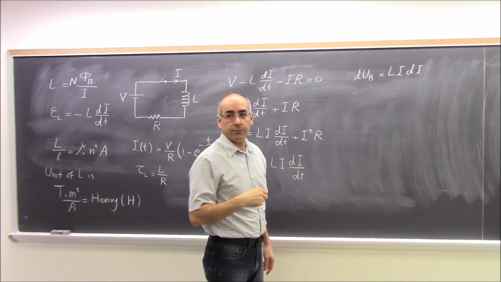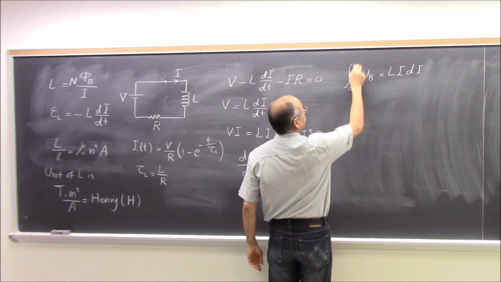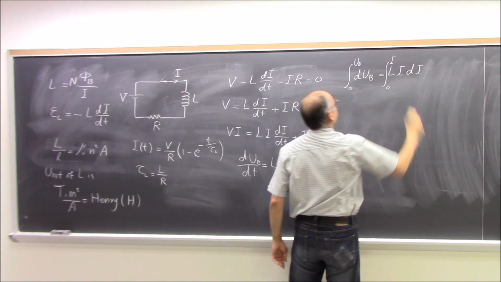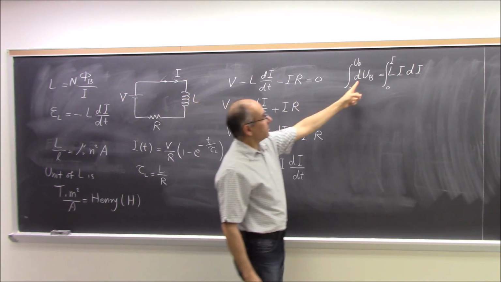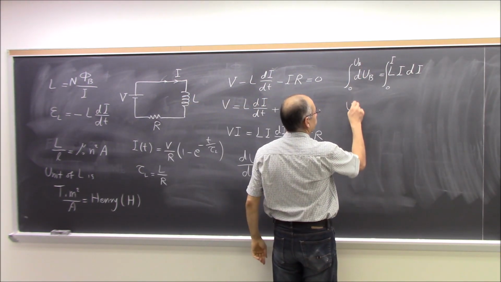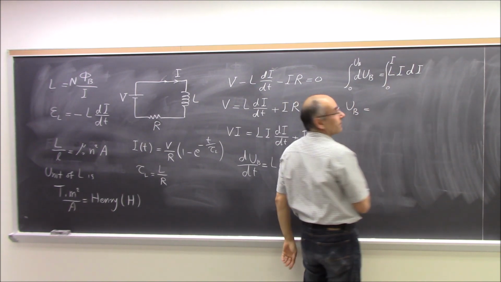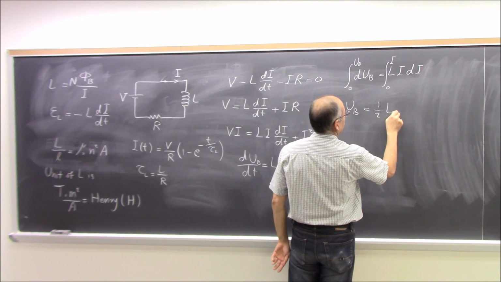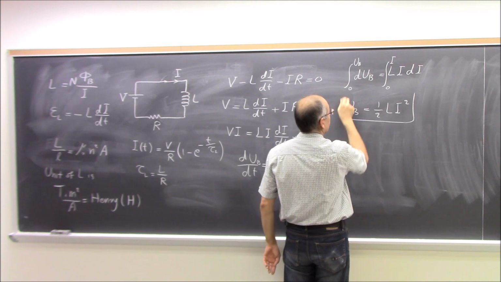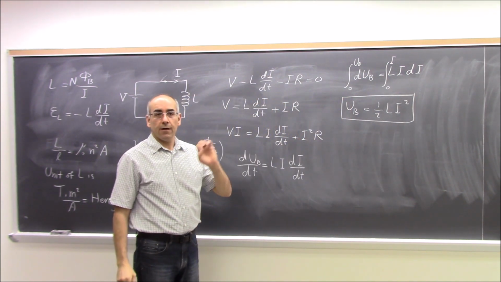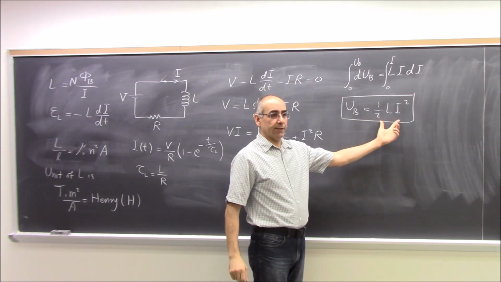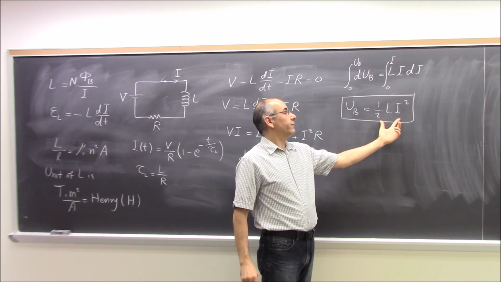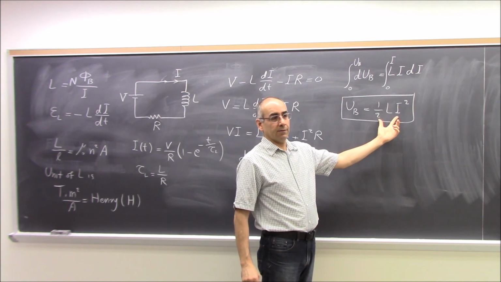And then if you integrate both sides, from 0 to U_B here and from 0 to current I here, this side becomes U_B only. The other side becomes what? 1/2 L I squared. So this is the energy in the inductor. If there's current I going through the inductor, it has this much energy in it. And now we're going to see where this energy actually is. All right?